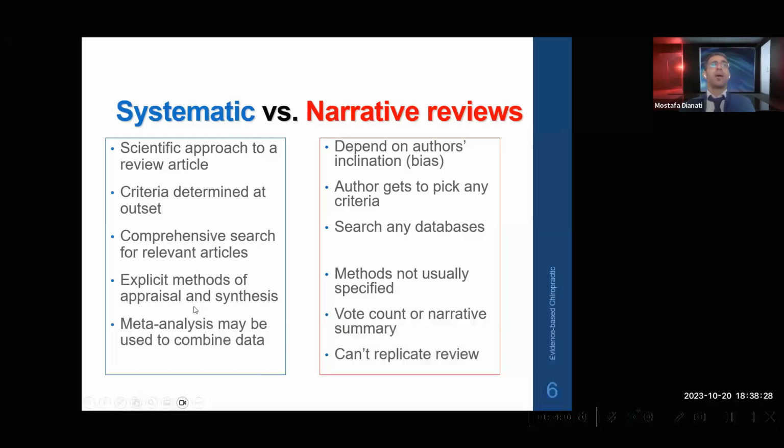For systematic review, we have methodology, but for narrative review, we really don't have methodology. Okay, for systematic review, we can perform meta-analysis, but here we can really not perform any analysis on the data, or we cannot draw any robust conclusion out of these narrative reviews.